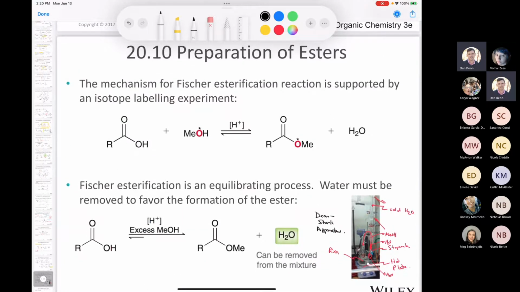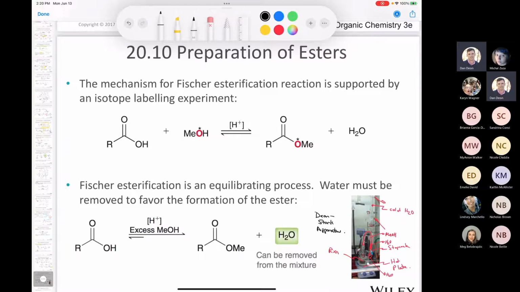Now, a little more information about that mechanism: you might be wondering, how are they sure about this mechanism? In this class, we don't talk about radio-labeled experiments a lot, but hopefully you remember isotopes from mass spec, for example, and from Gen Chem 1.